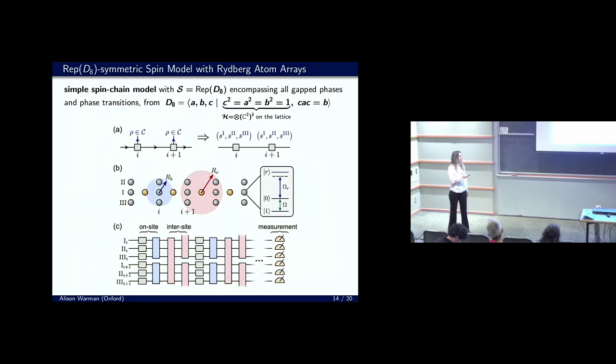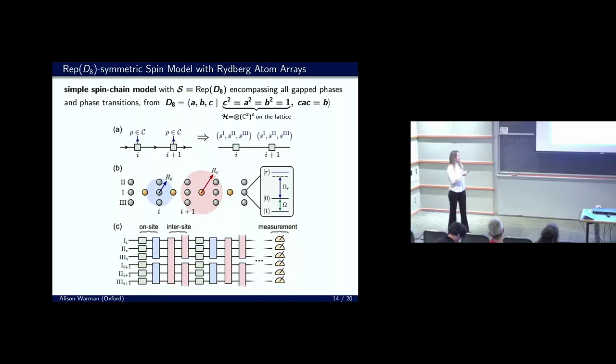Then we apply these blue interaction terms for these Rydberg atoms all at the same site I, but on different sub-sites. And then finally we apply these inter-site interactions between I and I+1, and then I and I-1. So this is in 2 steps.